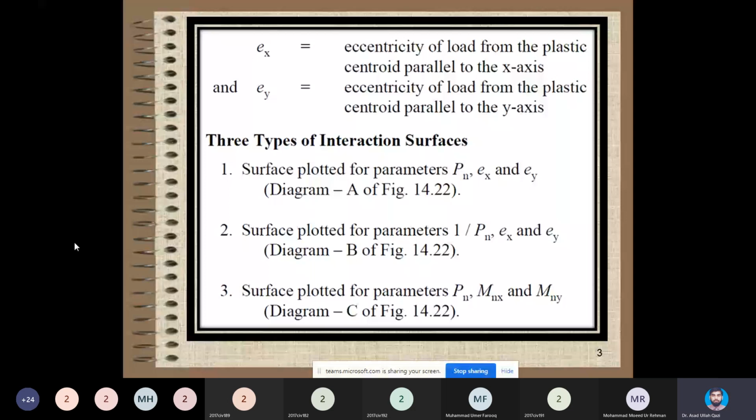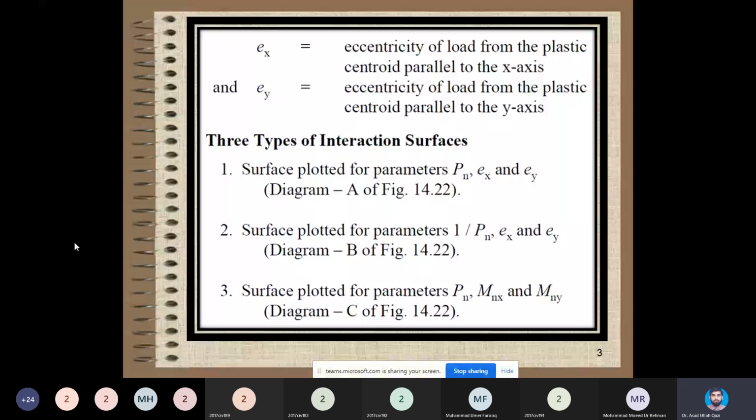Like we have studied a simplified method for uniaxial bending, it was actually not as such simplified; we studied the direct design method. I have not explained a simplified method to design the column under uniaxial bending, though in literature you will find even simplified methods for that.